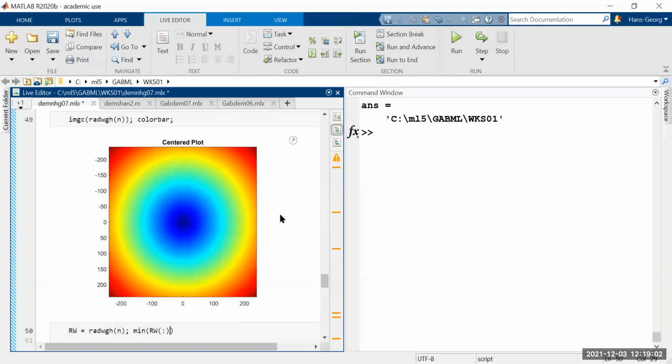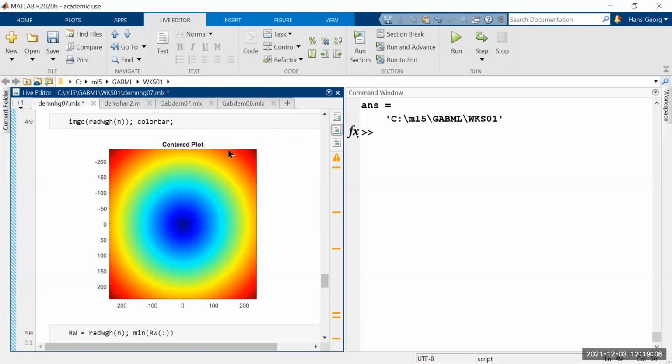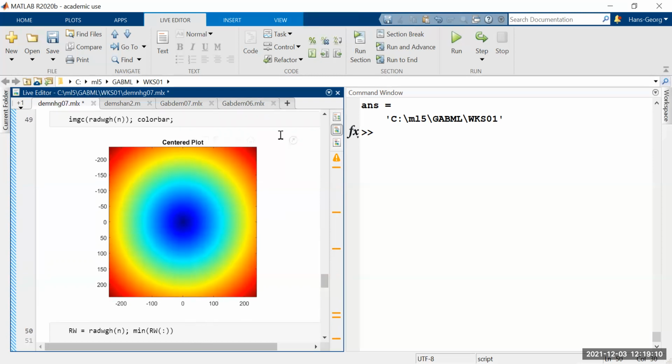And if you're not going column-wise but overall, then you should probably take all the pixels, and that's this command. Let me see.